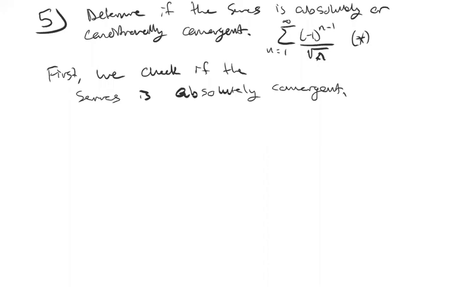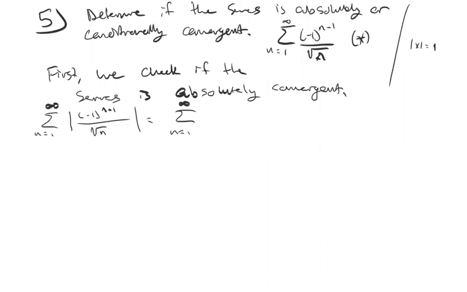So we need to see if the absolute value of our sum is a convergent series. Go ahead and check that out. So absolute value of (-1)^(n-1) over the square root of n. It's worth noting that the absolute value of x can be defined as the square root of x squared.